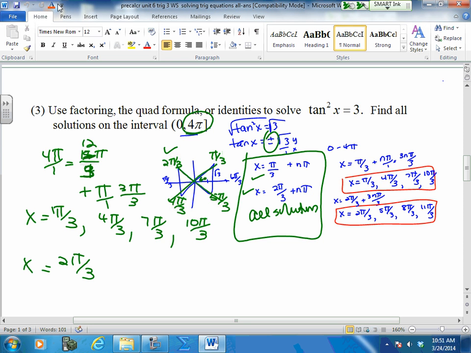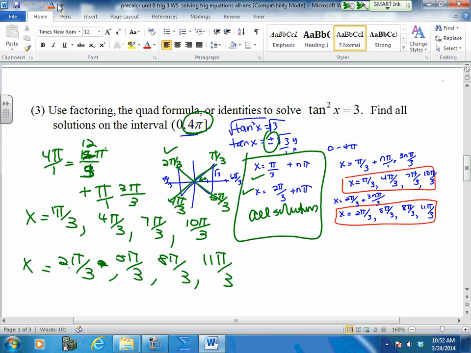Okay, so add 3 pi to this. What do you get? 5 pi. Add another 3 pi. Add another 3 pi. Now if I add another 3 pi, I'm over my limit. So here are your angles from 0 to 4 pi.